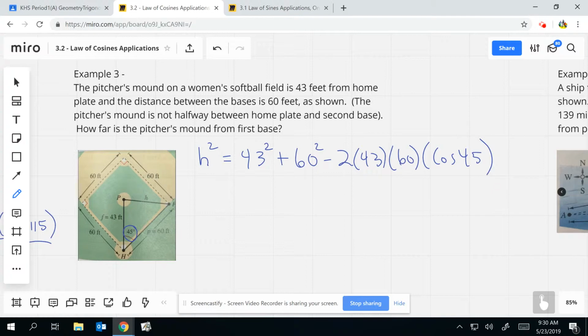And what's nice about it is that's all going to go straight in your calculator. 43 squared plus 60 squared minus 2 times 43 times 60 times cosine of 45. Put it all straight in, you get 1800.3, and you square root both sides. So square root 1800.3, get 42.43.